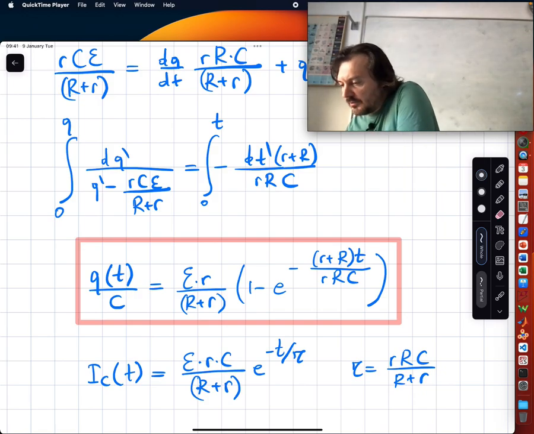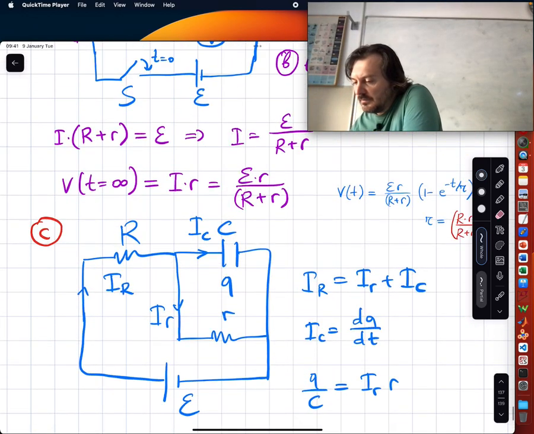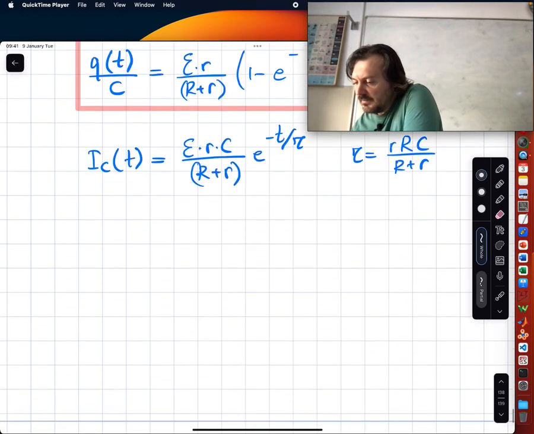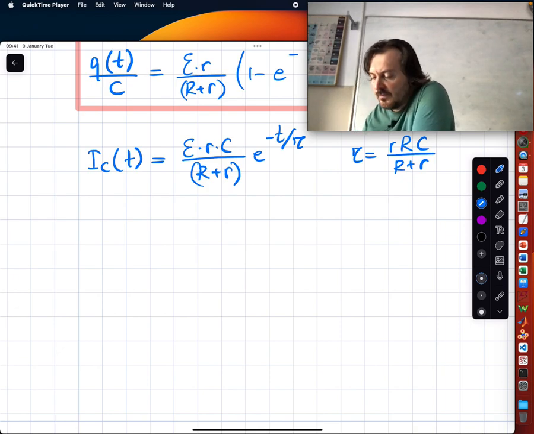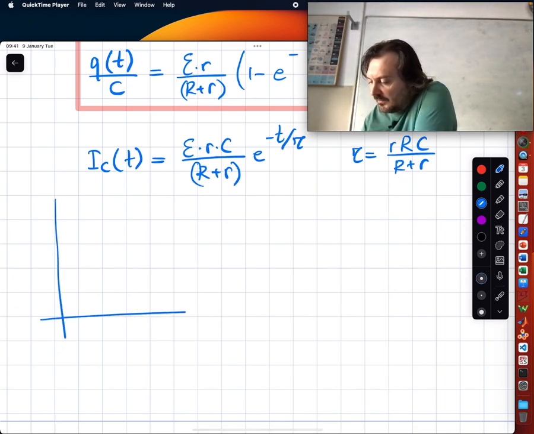We guessed according to, so we know that it's a first order differential equation, and we know that there are no oscillations in first order differential equations. So our guess was based on this.